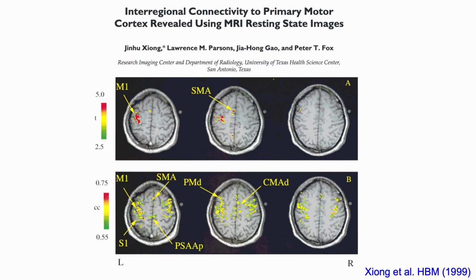In the bottom row, in the resting state connectivity map, they showed that you could find much more, or I should say, several additional regions associated with the somatosensory cortex, and postulated, as I mentioned earlier, that resting state was a superset of which task activation was only a subset.